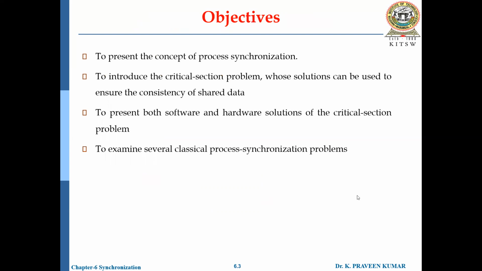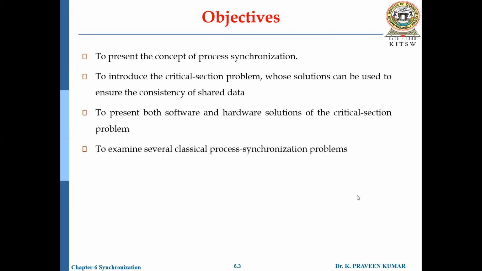The objective is to present the concept of process synchronization, to introduce the critical section problem whose solution can be used to ensure the consistency of shared data, and to present both software and hardware solutions of the critical section problem. We are also going to examine several classical process synchronization problems.